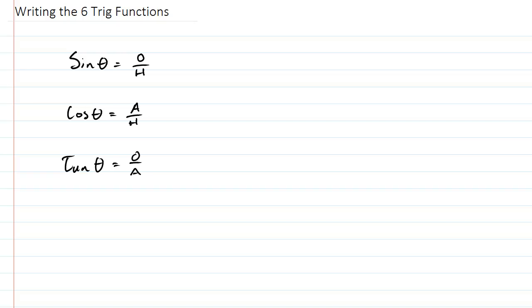We should be familiar now with writing the sine, cosine, tangent trig ratios. There are actually three more. Along with sine, there is also something called the cosecant. The cosecant function of theta is if you take the sine and flip it over, so it's actually hypotenuse over opposite.